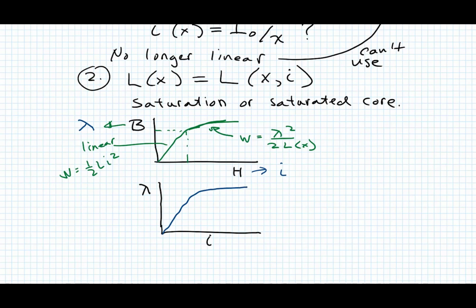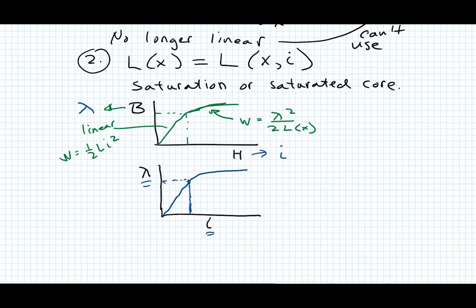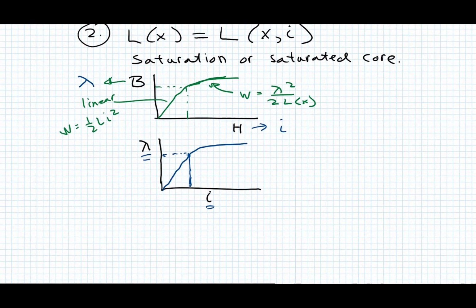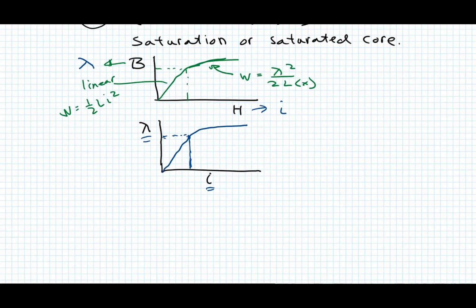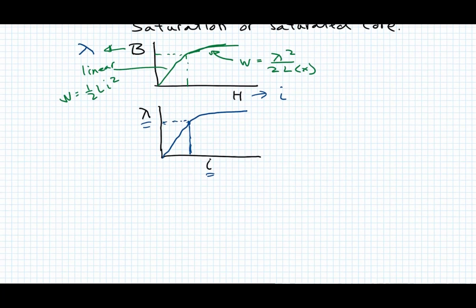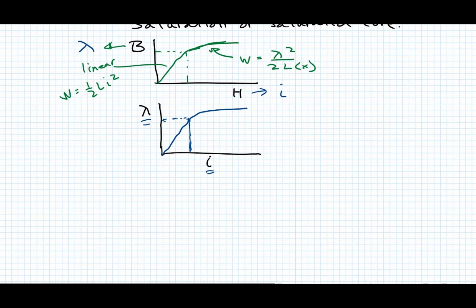Let's have a lambda I curve. And we're going to come back to this in a moment and introduce a very important principle. But we're really going to be thinking about magnetic systems in terms of lambda I for a while, not BH. Are there any questions about that? Okay.